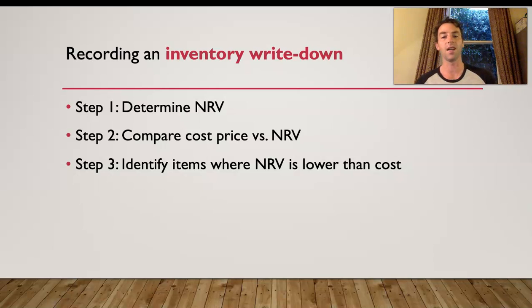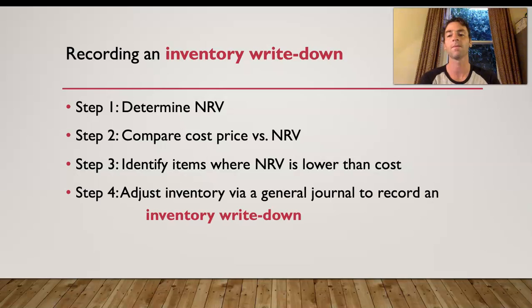Really just be careful here. It's not the selling price versus the cost. We're going to look at net realisable value. I'll come to an example at the end of this where there's often a trick question. But we're going to identify where the net realisable value is lower than cost.